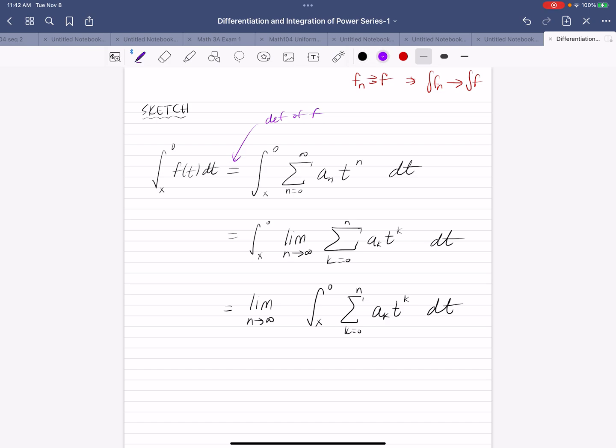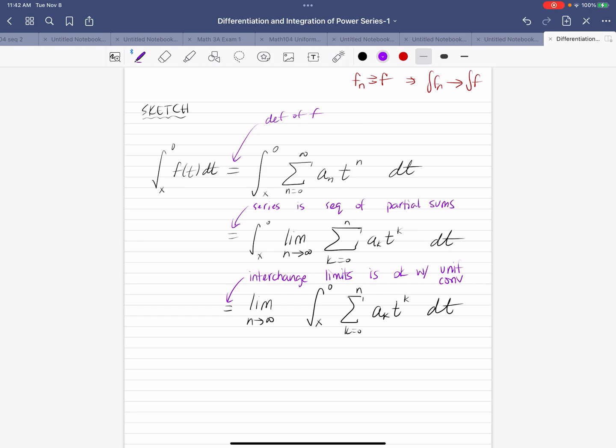So let's go back and put our justification. A series is a sequence of partial sums. That's the justification here. And now the justification for interchanging these limits is that interchanging limits is okay with uniform convergence.